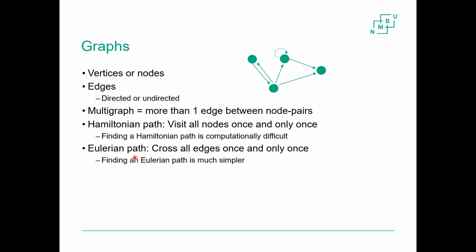An Eulerian path is almost the same, but it's about crossing the edges. So now we don't worry about how often we visit the nodes, but each edge should be traversed once and only once. Right? It turns out that finding this is much, much simpler than finding the Hamiltonian path.